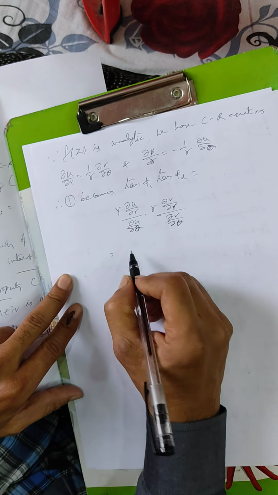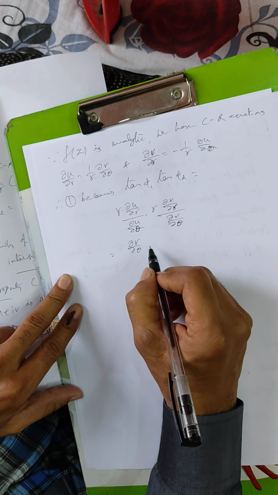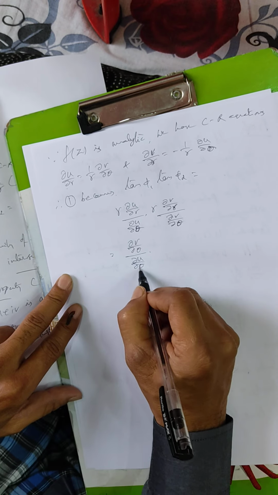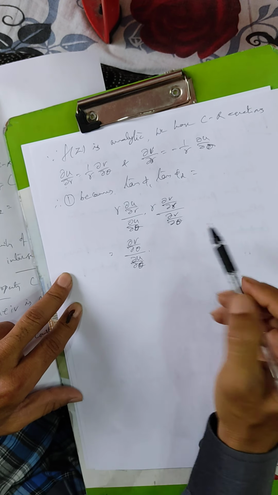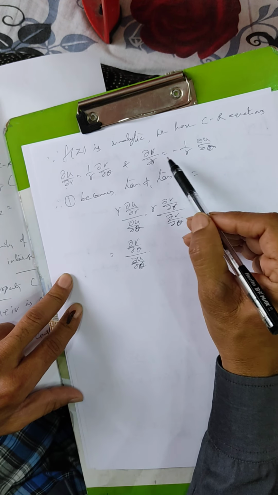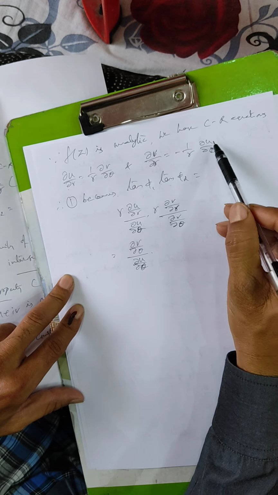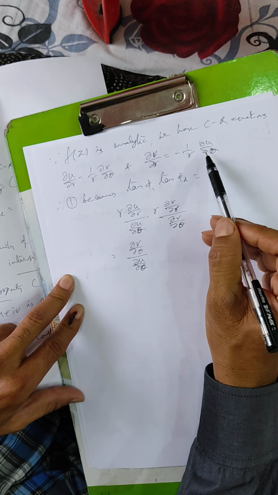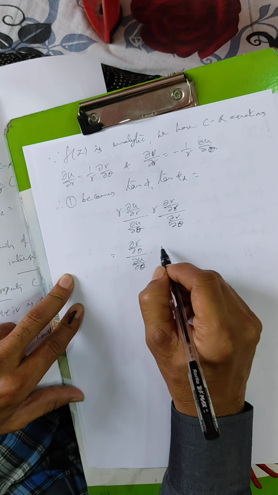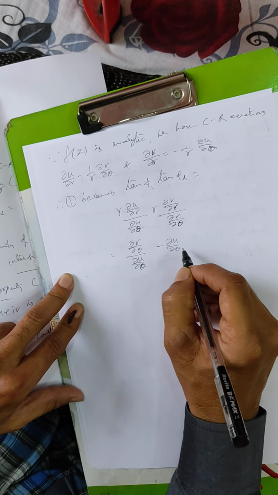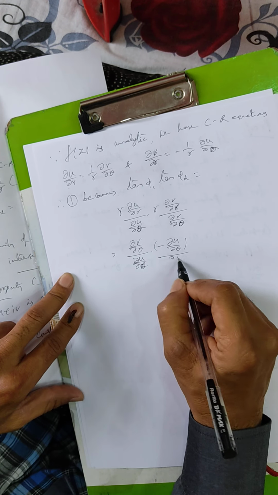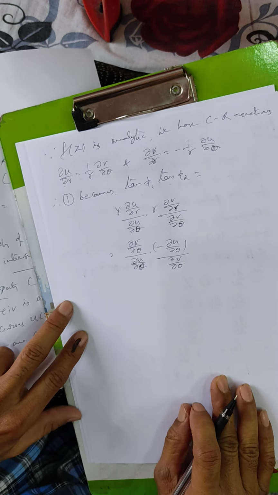So the first numerator will get ∂v/∂θ divided by ∂u/∂θ as it is. Next, r ∂v/∂r. You see the second CR equation, ∂v/∂r is equal to minus 1/r ∂u/∂θ. If you multiply by r, you will get r ∂v/∂r is equal to minus ∂u/∂θ, divided by ∂v/∂θ as it is.